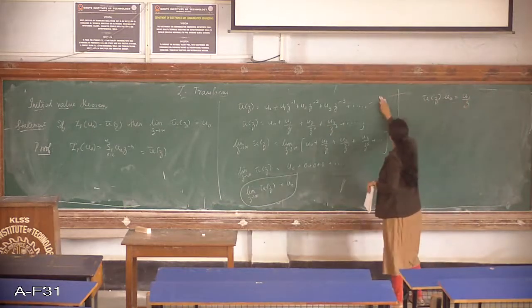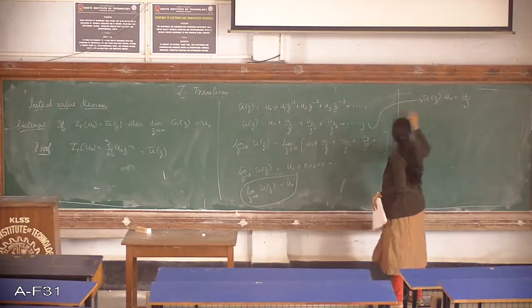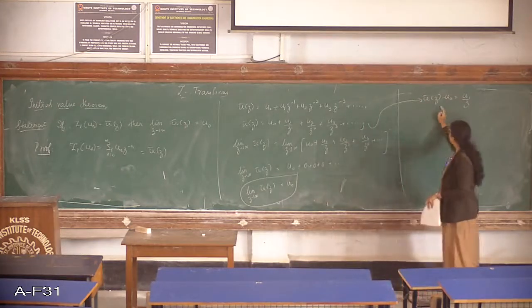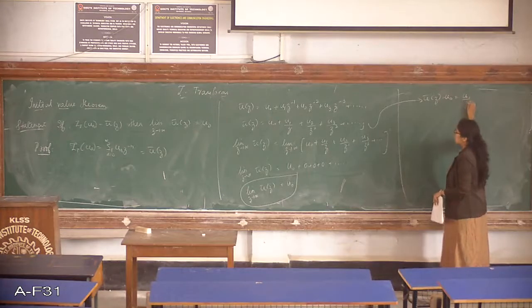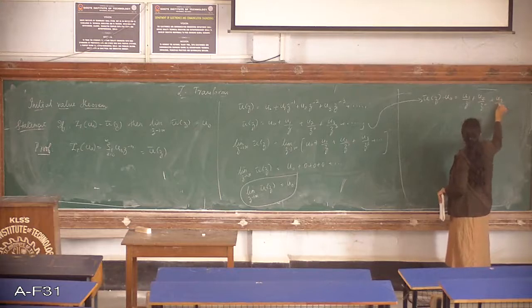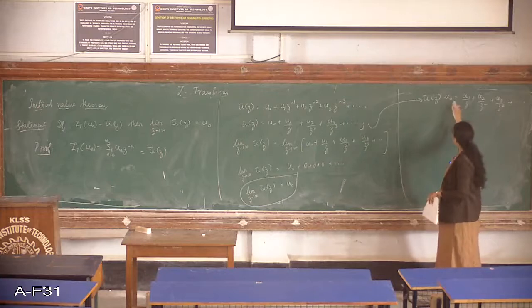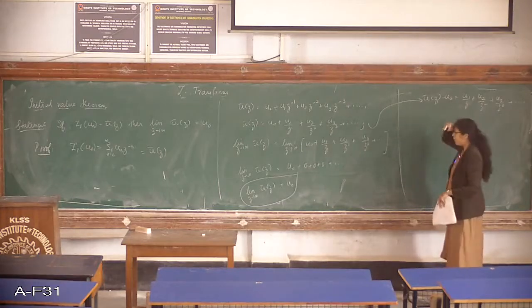So, let me make this easier for you. From this I get U bar of z minus u0 is equal to u1 by z plus u2 by z square plus u3 by z cube plus so on, right? I have just shifted this u0 from the right hand side to the left hand side.